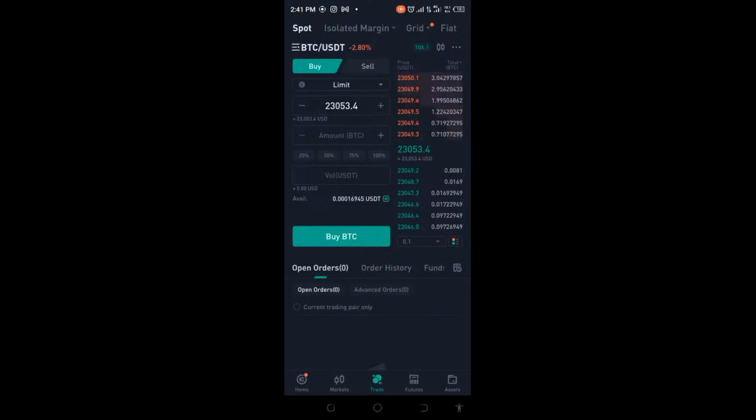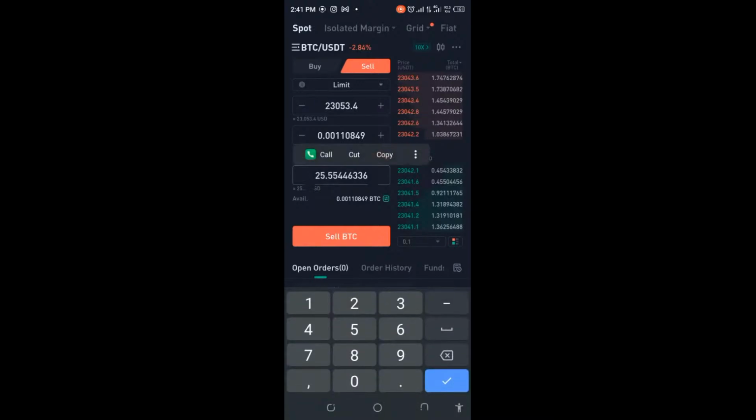If I try to sell my BTC at 100%, what will I get? I will get 25.55. If I have to change this again to TRX, I'll also have to be spending money. So let me just go and do it. What will I have here? This is 25.55. If I change 25.55 to TRX, how many will that give me?